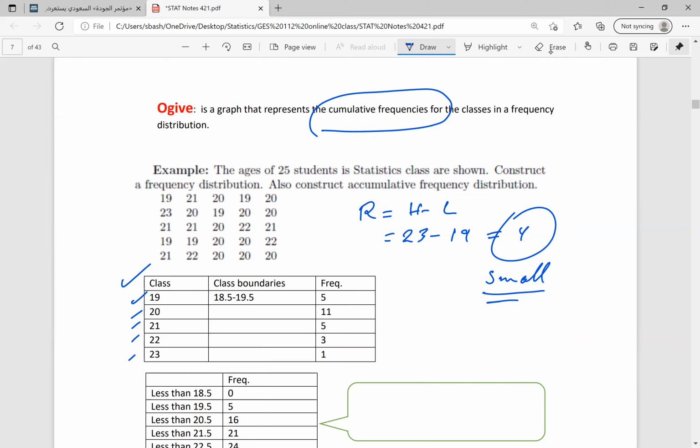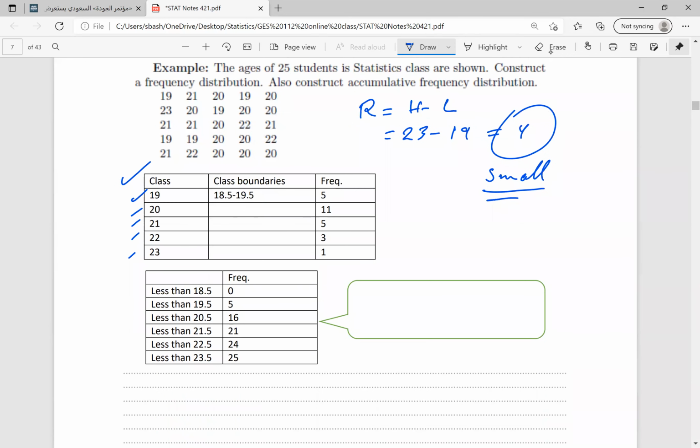But if we use this one, 19, 20, you can see there is a gap between 19 and 20. So we are going to use class boundaries for each one. So 19 is between 18.5 and 19.5. Next one will be the 20, which is between 19.5 and 20.5.